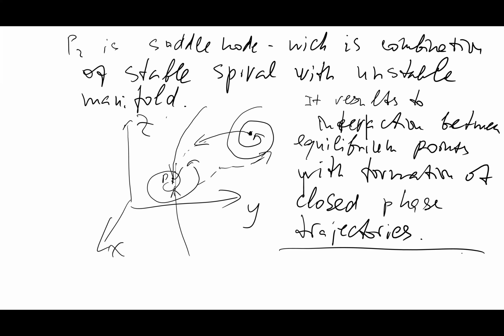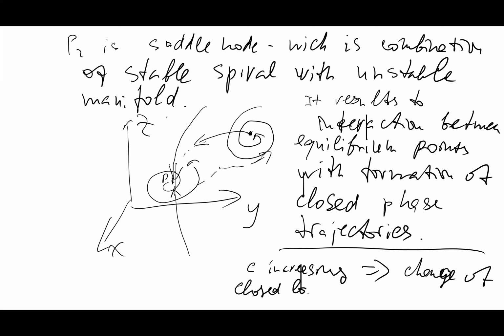And now when c is increasing, it results in a change of the closed loop, namely we can put it like period doubling.